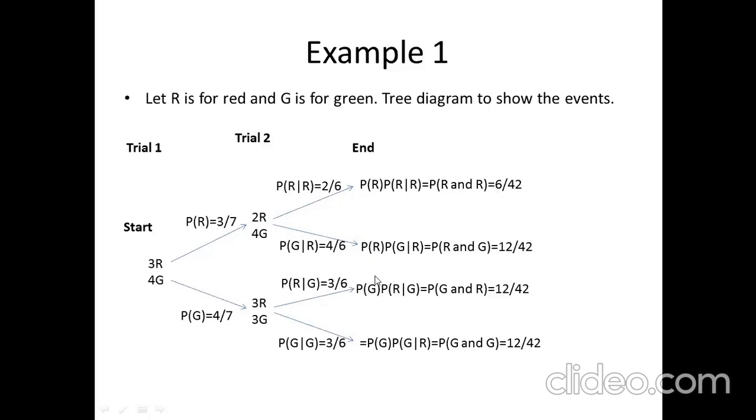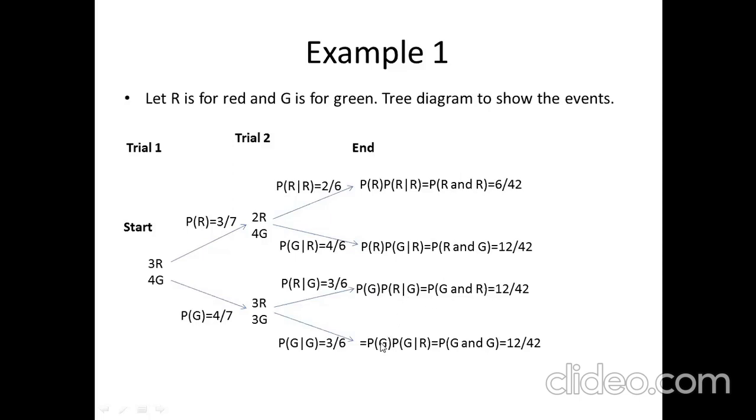Or we could end up in the situation that we had green in the first trial and a red in the second trial, given a green was drawn in the first trial. So the probability of green and red would be equal to the probability of green multiplied by the probability of red given green. The total probability would be the product of the two, which is 4 upon 7 multiplied by 3 by 6, that is 12 by 42.